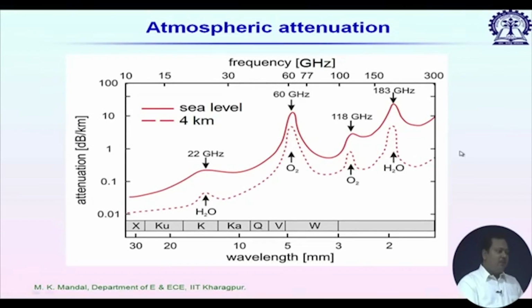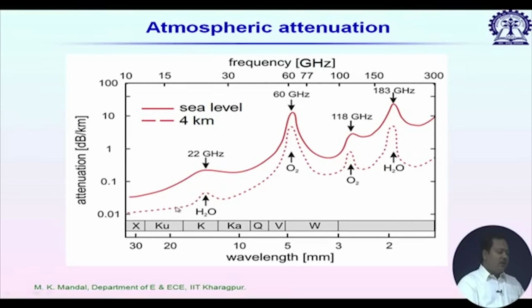One of them is atmospheric attenuation. This figure typically shows the attenuation in dB per kilometer versus the wavelength. If you look at the diagram, we have a solid line and one dotted line.